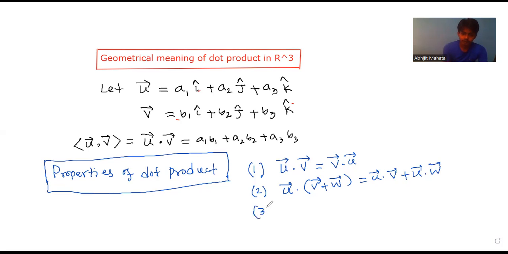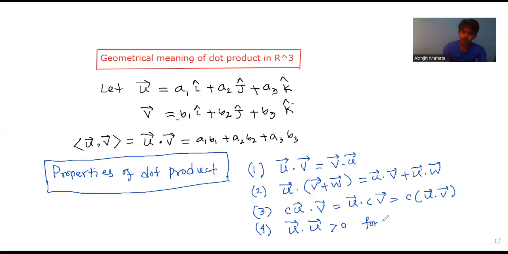Sometimes we call it the distributive property. And then third, if we take a scalar c, c of the u vector dot the v vector is equal to u vector dot c of the v vector, which is equal to c times (u vector dot v vector). And then fourth is this: u vector dot u vector is of course greater than 0 for all u vector not equal to the 0 vector.